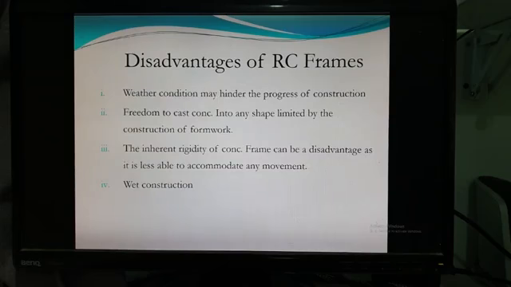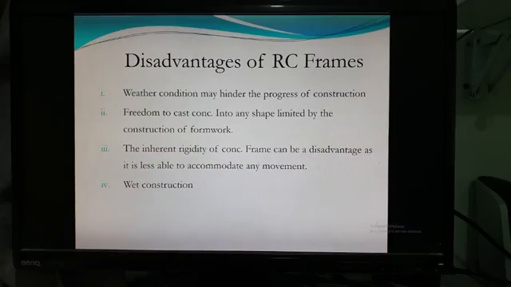So the inherent rigidity of concrete frame can be a disadvantage, as it's less able to accommodate any movement. This is true, because RC frames are inherently rigid, very rigid structure. The joints between the columns, the beams and all, they are very rigid, not flexible at all.